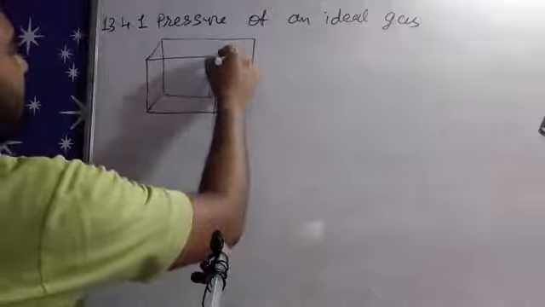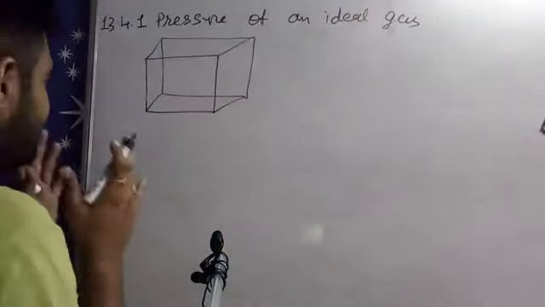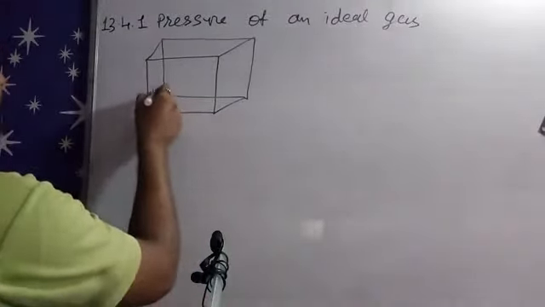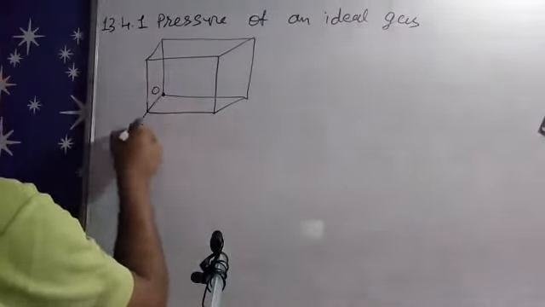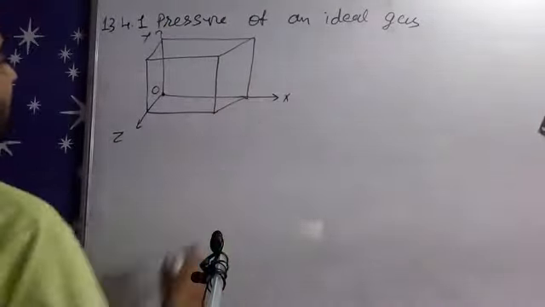So here I have to draw in this three dimension. For example, this is our origin, this is the z direction, this is the y direction, and this is the x direction, right?